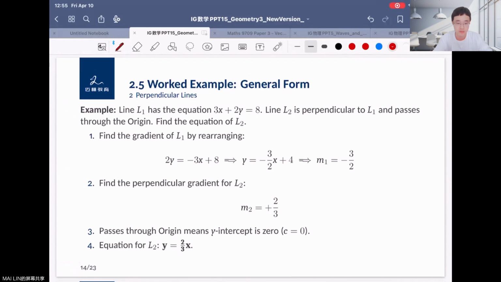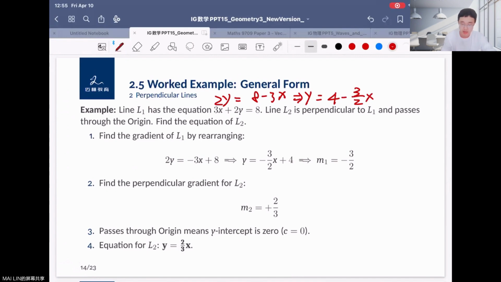Line L2 is perpendicular to line L1 and goes through the origin. We can turn the line into a new form: 2y equals 8 minus 3x, then divide by 2 on both sides. It becomes y equals 4 minus 3 over 2x.